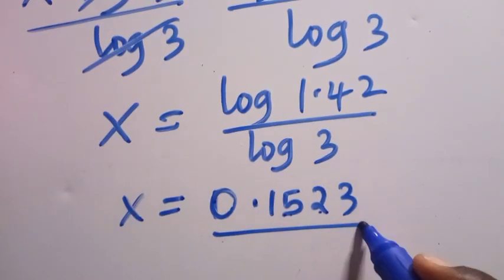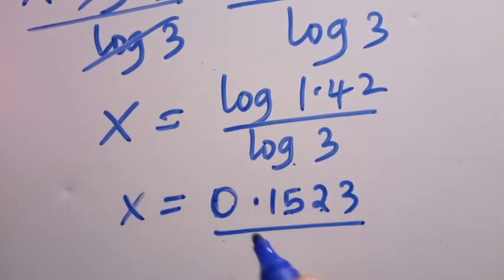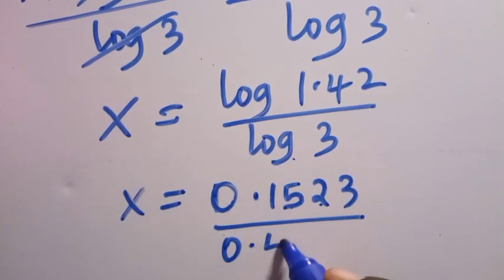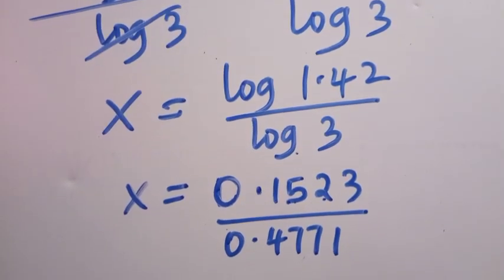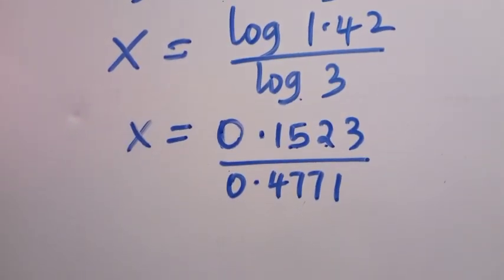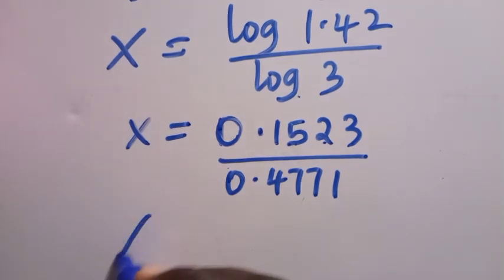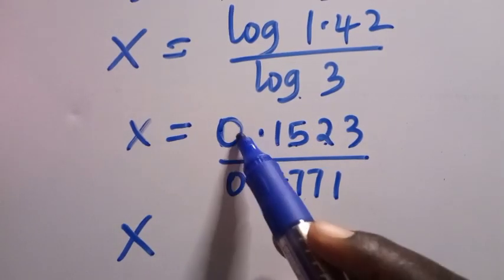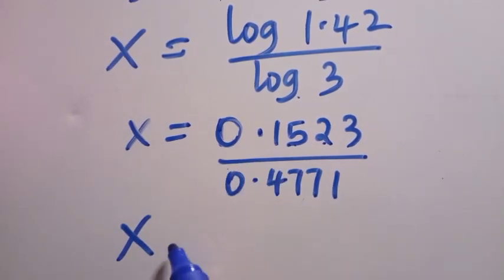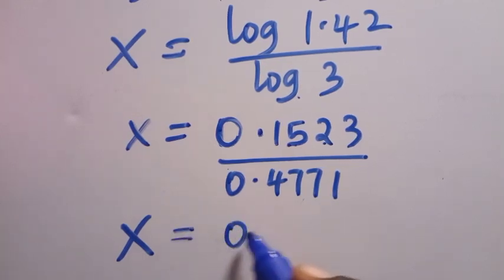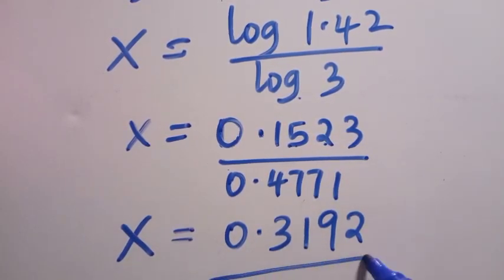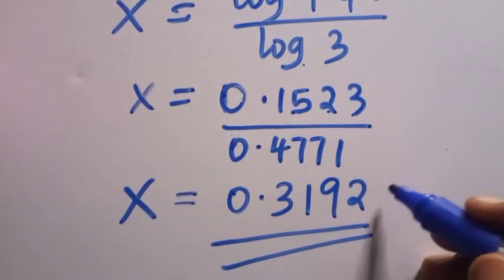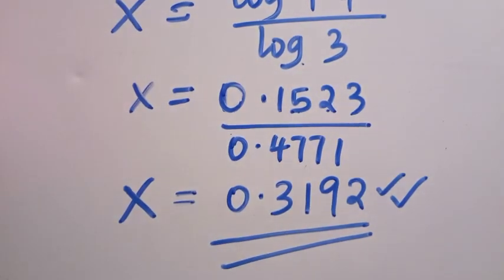Then divided by the logarithm of 3, which is just 0.4771, from the calculator. Now, the value of x is therefore this one divided by this one. From the calculator, you obtain 0.3192. That is what you obtain from the calculator, and that is the final answer that we shall obtain.